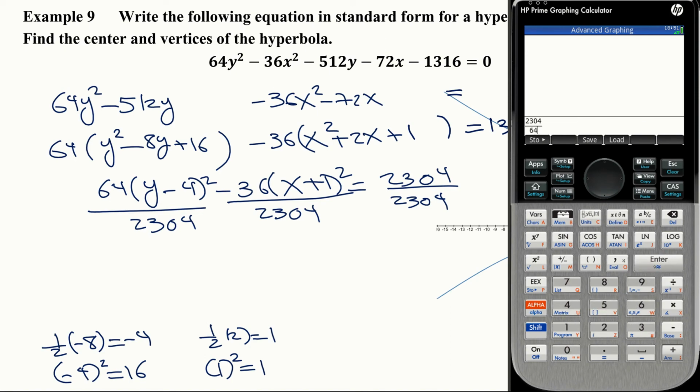Yes, that's nice. So this becomes y minus 4 squared over 36 minus, of course, we know the other one is going to be 64, because if 64 goes into 2304 36 times, that means 36 goes into it 64 times.